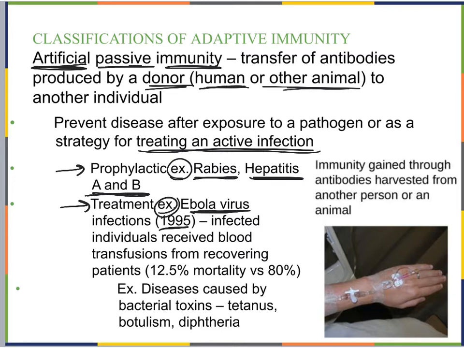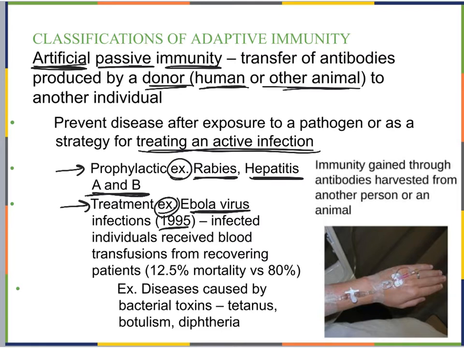So they would take their blood and transfuse it, take the other person's blood out and put their blood in, to make sure that they were getting those B cells and T cells and antibodies to hopefully help them fight off the Ebola virus rather than getting so ill that they actually die.